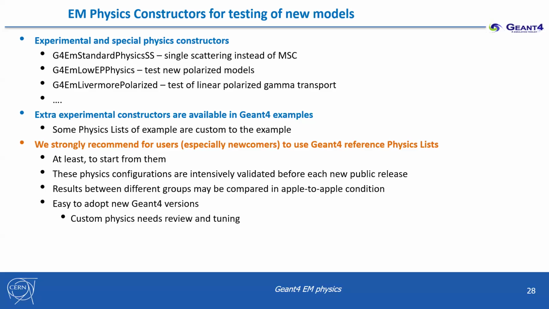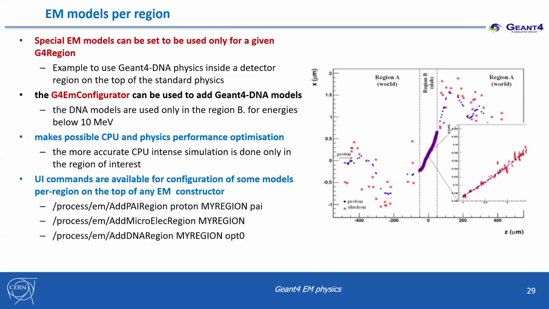Try default, try option 4, think what you like, what you don't like, and then maybe choose some intermediate physics list. And after that, think how you may configure your physics to be effective and to implement all what you need in your application. For example, we have a possibility that electromagnetic models are defined per region.